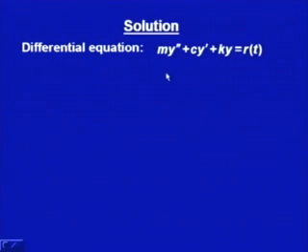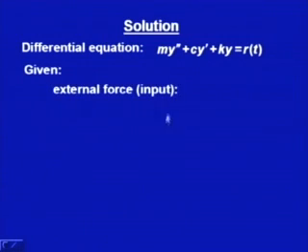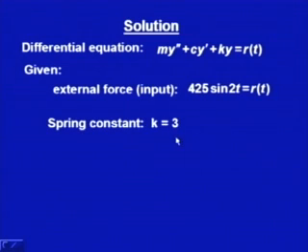So, the equation would be my'' + cy' + ky = r(t), since an external force is also there. We are given that this external force or input is r(t) = 425 sin 2t. The spring constant k is 3. Now, what is the damping constant c?